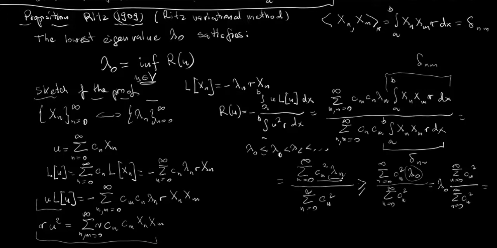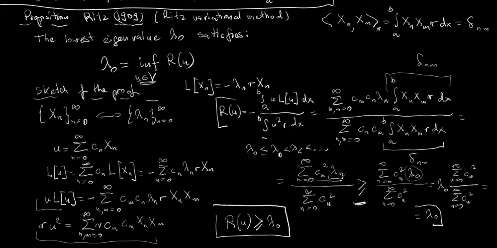So this is equal to lambda_0, and we have just proven that the Rayleigh quotient of any function is greater than or equal to the lowest eigenvalue.